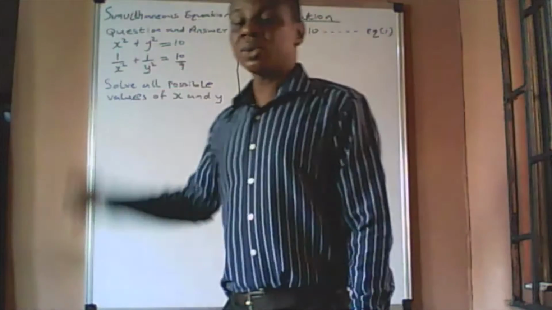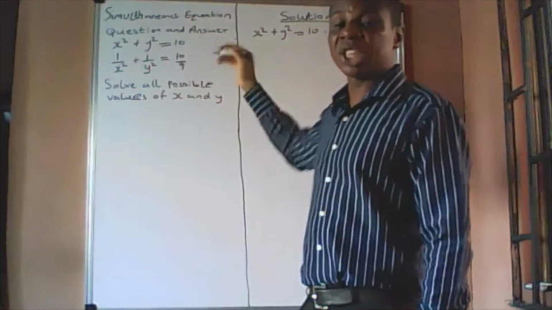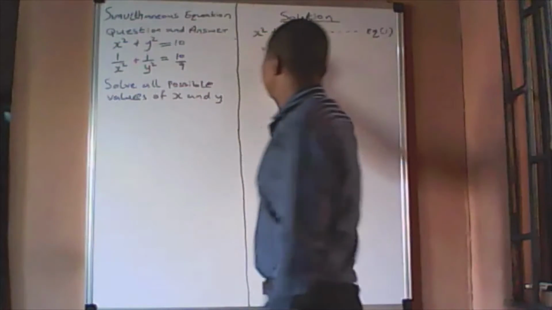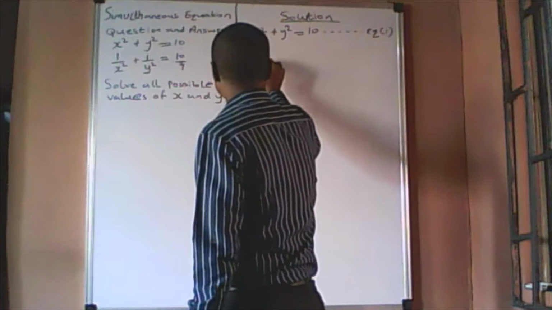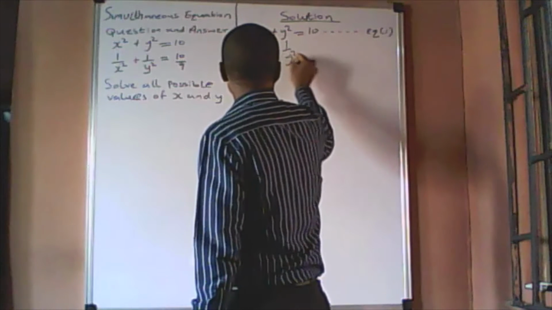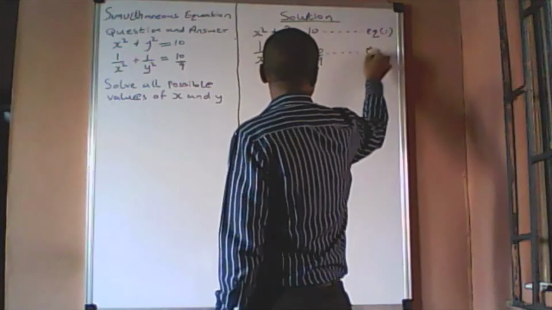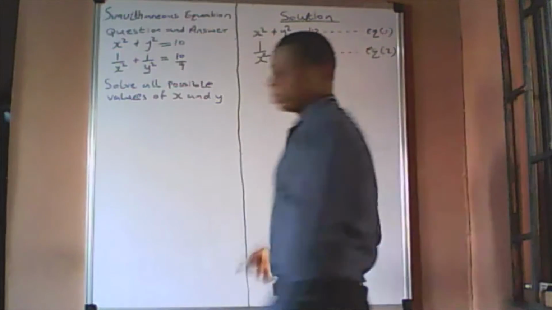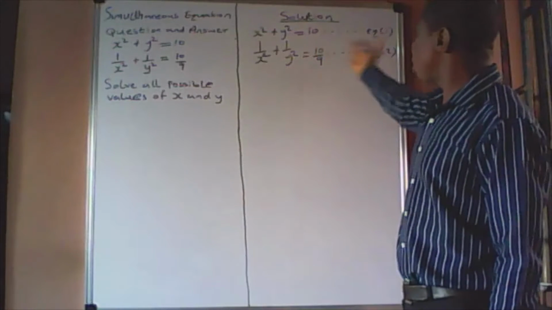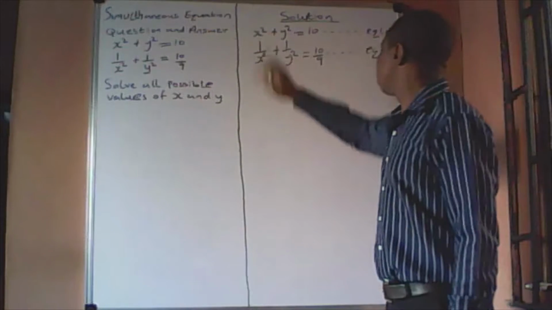Then the next one, 1 over x squared plus 1 over y squared equal to 10 over 9, we call it equation 2. This first one is equation 1, the second one is equation 2. Then let's consider equation 2.